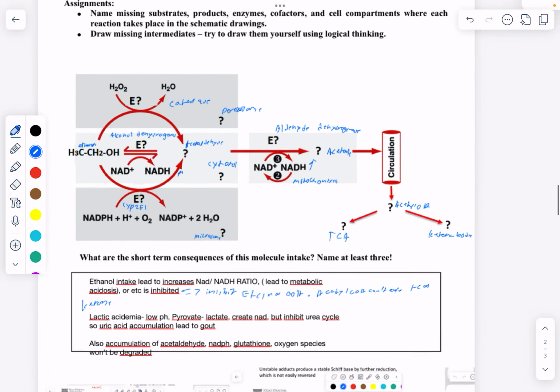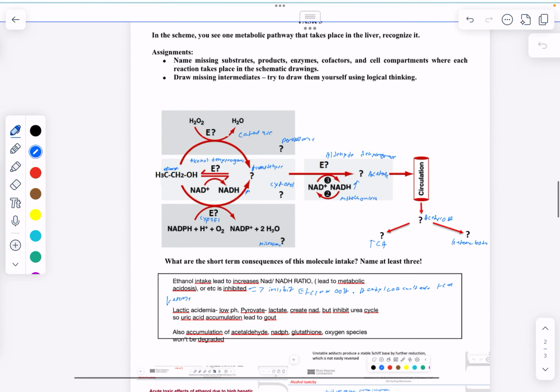Okay, so let's go through this one. In this scheme, you will see one metabolic pathway that takes place in the liver, and we should recognize it, name the substrates, and try to draw them yourself.